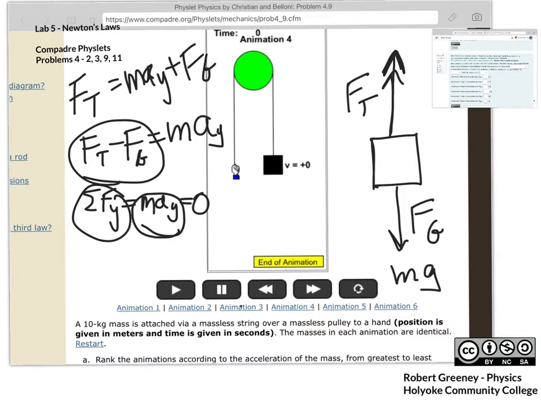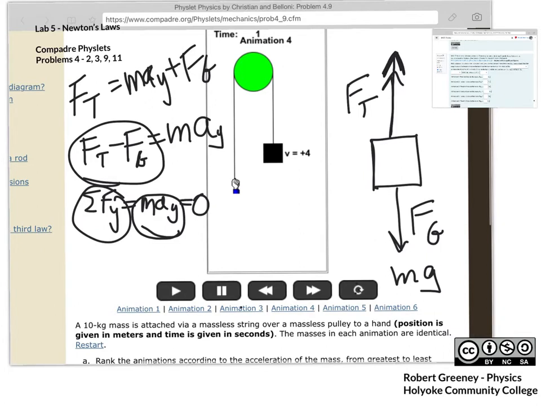Starts at a velocity of 0. Let's play it. Play it out 1 second. So it went from 0 to 4 meters per second in 1 second. So that's a delta V, 4 meters per second minus 0 meters per second over 1 second, so 4 meters per second squared.